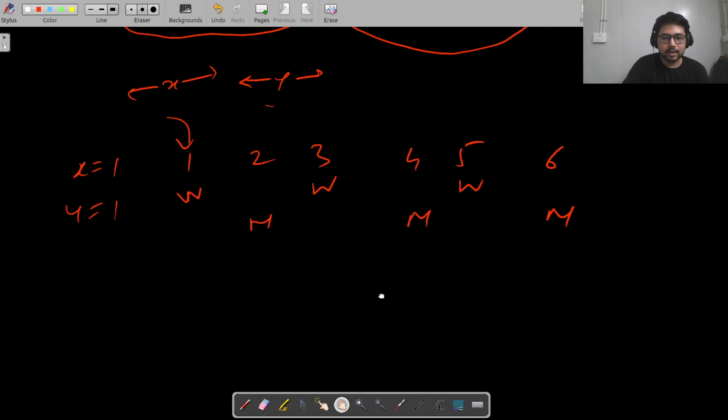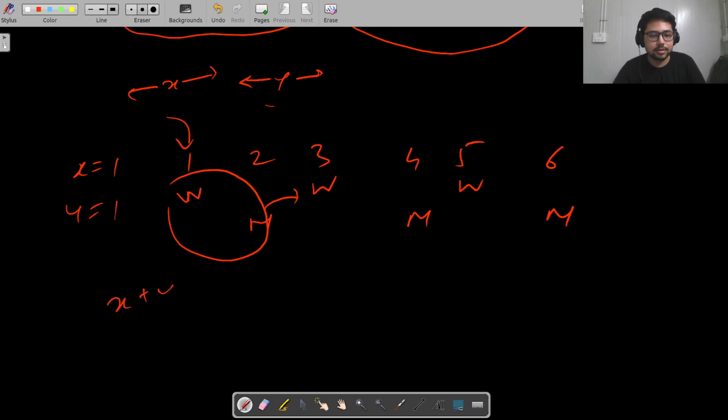What we are able to see is that after x plus y indices get completed, it returns to the initial state, which is that it again starts from x and y. Eventually, if we only want to know the state of the train at the 6th position, we can just divide this length and check.